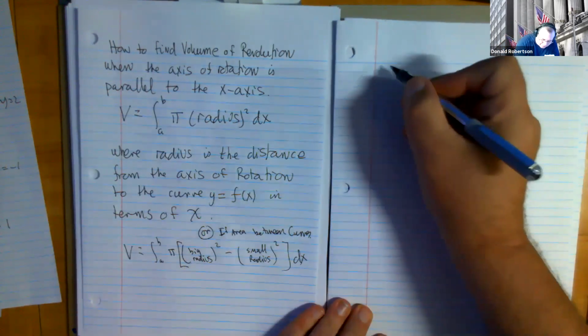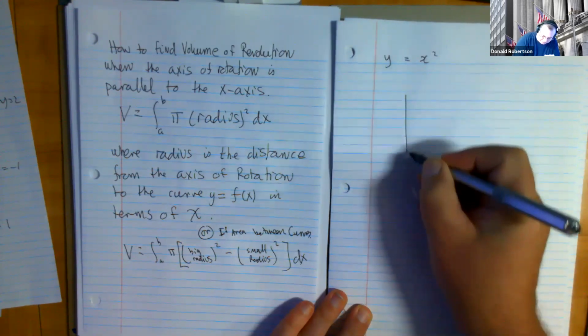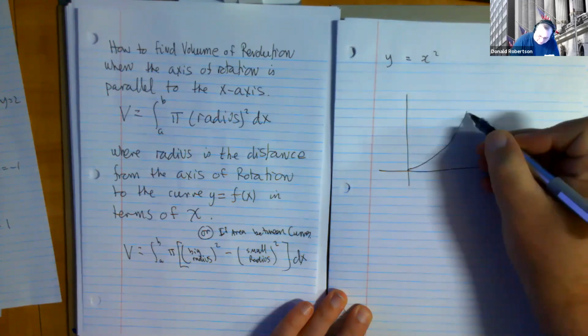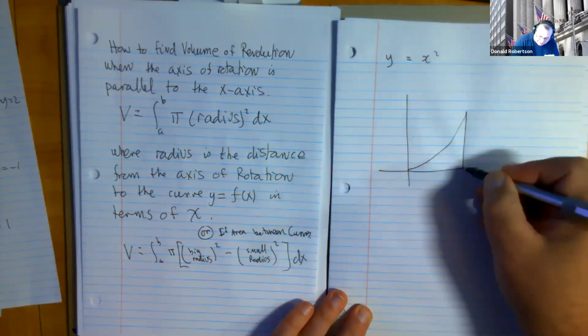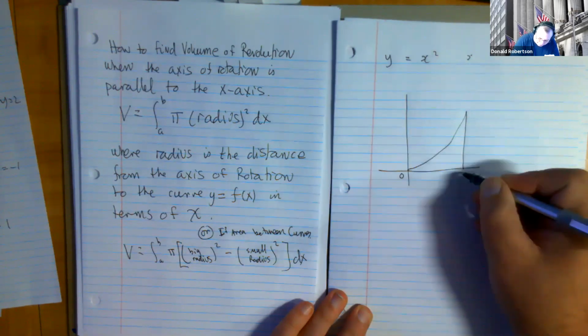Here goes. Let's do y equals x squared. Looks like this. Let's have it from 0 to 2.